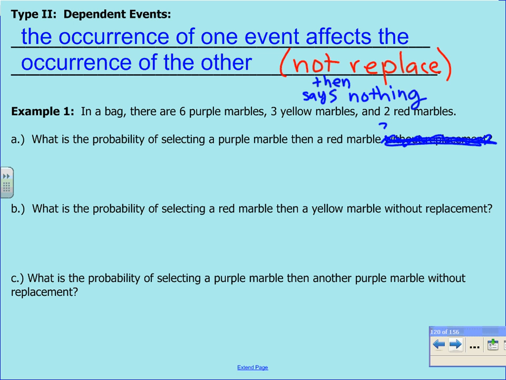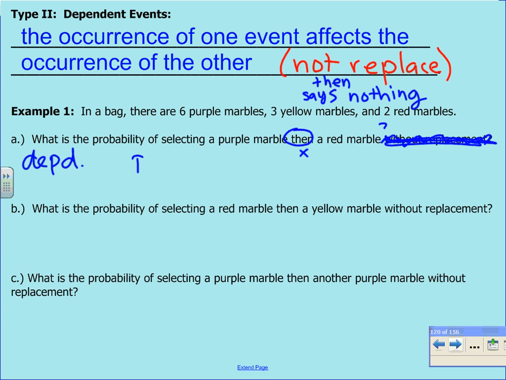The key word is then, which means multiply. It does not say replace, so it is a dependent event, which means the first time you go to pick a marble, you keep it. You don't put it back.